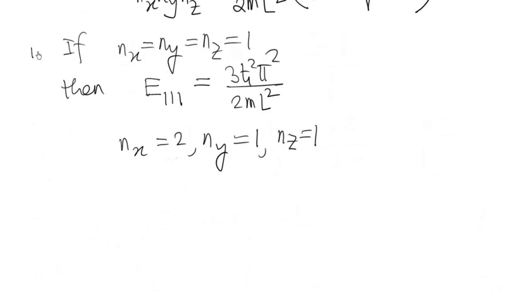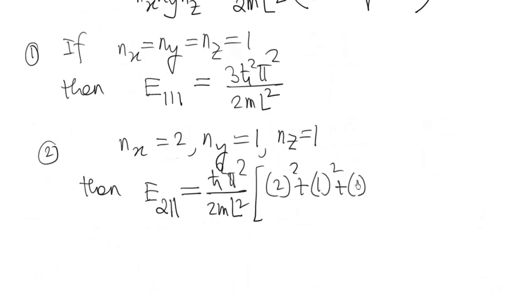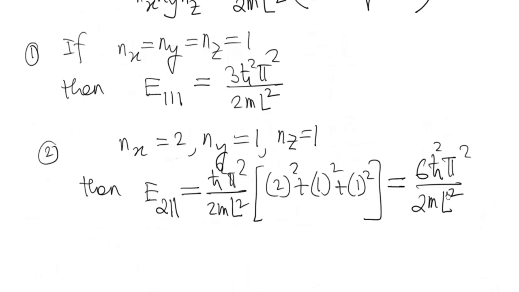In this situation, the energy will be 2 square plus 1 square plus 1 square, so 6, so this will be 6 h square pi square by twice m L square.